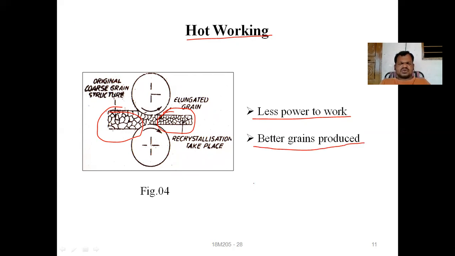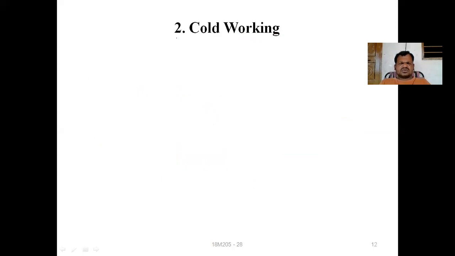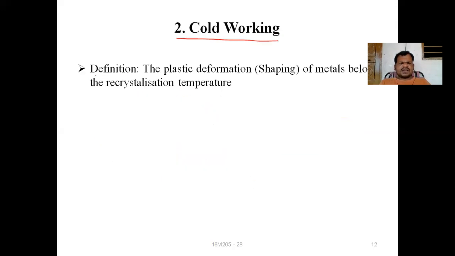Hot working needs less power and produces better grains. Coming to cold working, the definition: the plastic deformation, shaping of metal below the recrystallization temperature. This is similar, only the temperature range is different compared to hot working.